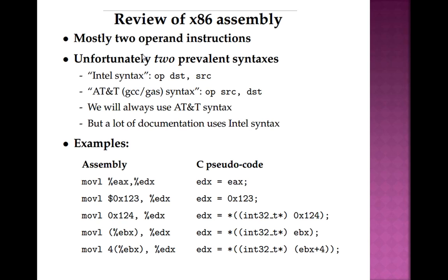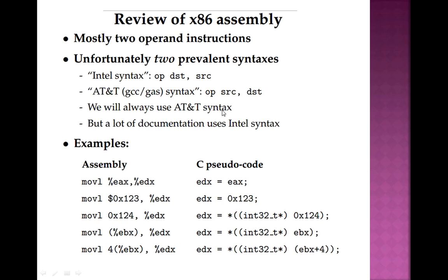Next, unfortunately, there are two prevalent syntaxes. One is Intel syntax: OP, DST, SRC, that is destination, then source. The other is AT&T, GCC, gas syntax: OP, SRC, DST, that is first the source, then the destination. The next point says we will always use AT&T syntax, meaning first the source and then the destination.